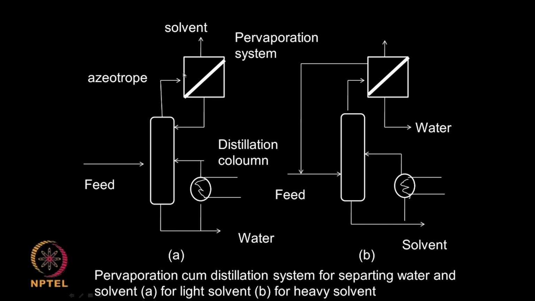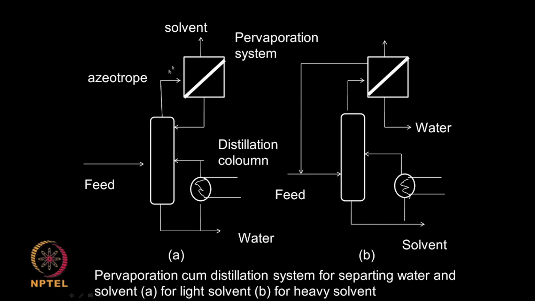Now, the solvent goes up, so we can use a pervaporation system, then collect all the solvent and then the remaining is passed in. If it is a heavier solvent, okay, so here water goes down from the top and the solvent is collected here and the product goes out like this.